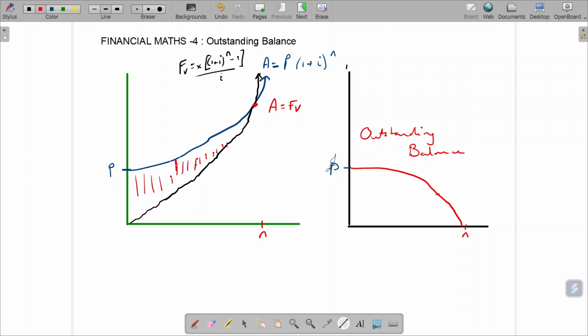At this distance here, the outstanding balance at any one point is equal to the A value at that n value minus the F value at that n value. Not necessarily at the end, sorry, but at whatever particular n value we are talking about over here.